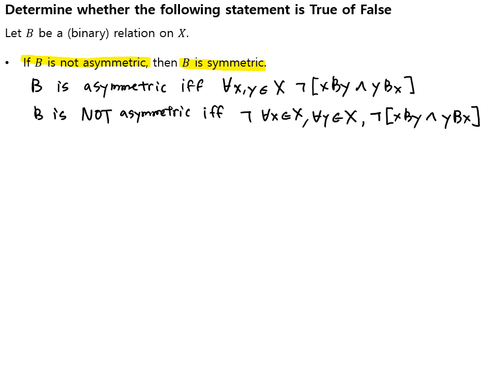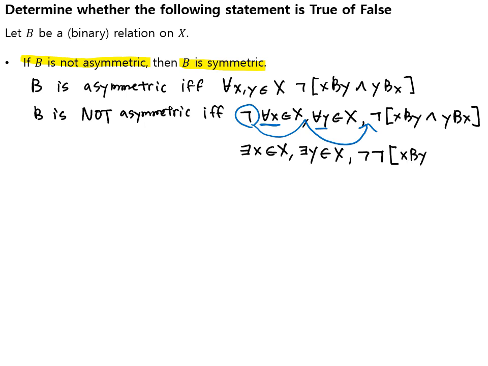Again, we can move the negation inside the quantifier by two steps, and each time the universal quantifier is going to change into an existential quantifier. So this will basically make the statement: there exists an x in X, and there exists a y, another element in X, such that it is not the case that it is not the case that x be y and y be x.